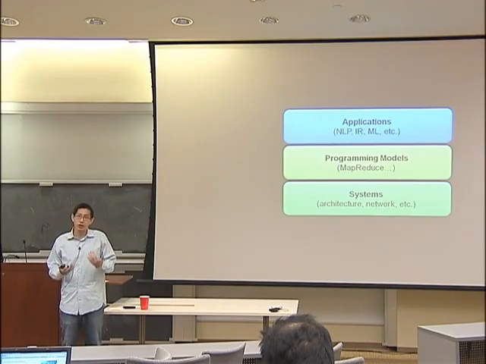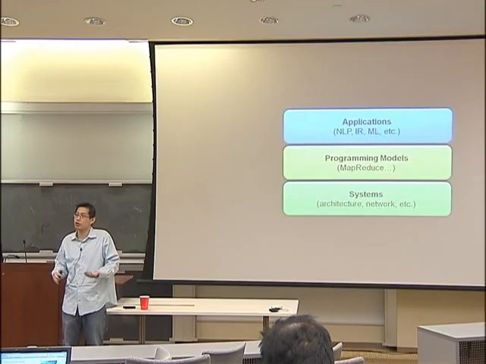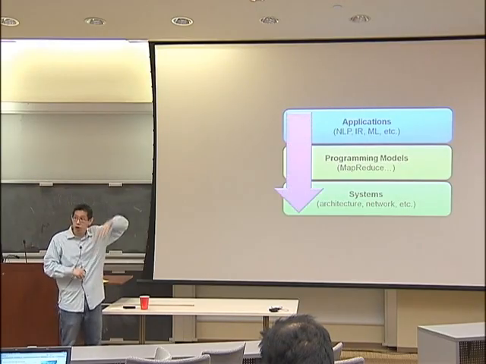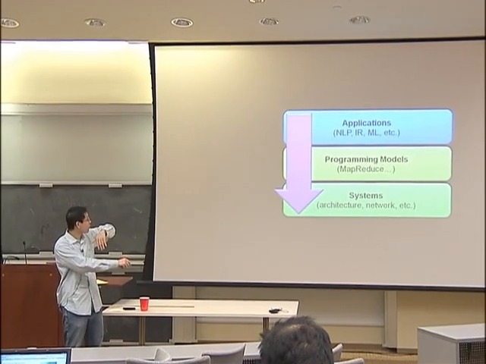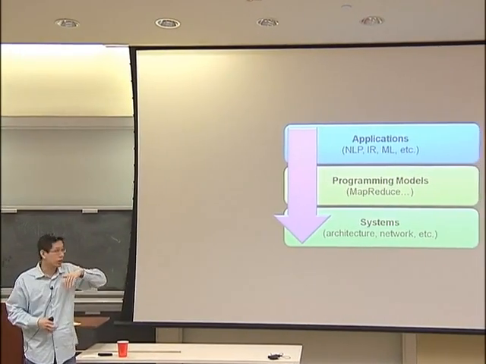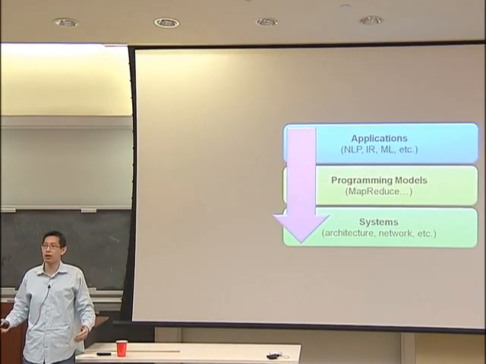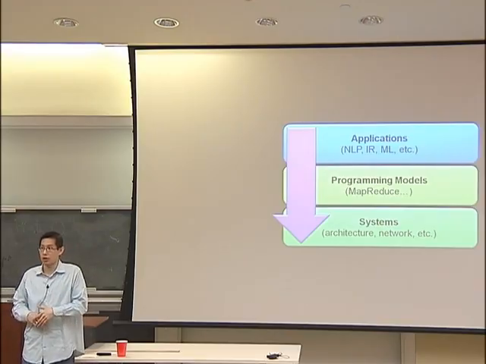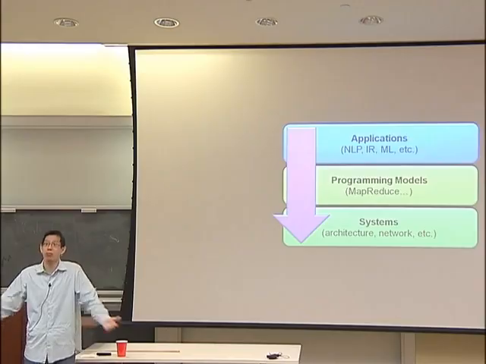And you're going to see two complementary forces. From the top down, you'll see complex applications that drive the development of new programming models that then lead to innovations in systems and networks. So the application person says, I want to crunch more data, and says to the programming languages person, who in turn talks to the network person, how do I make this happen?